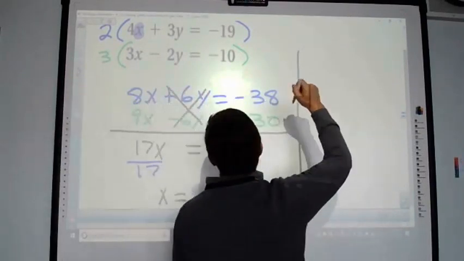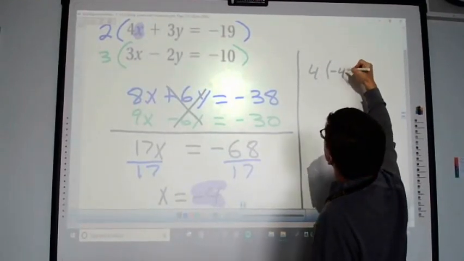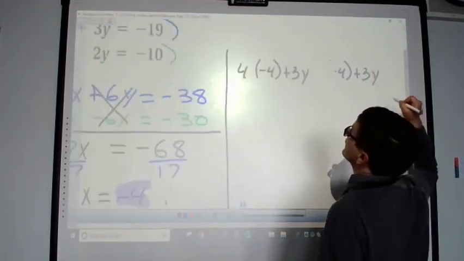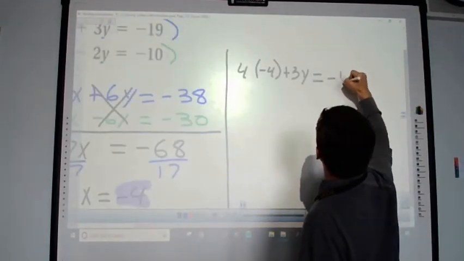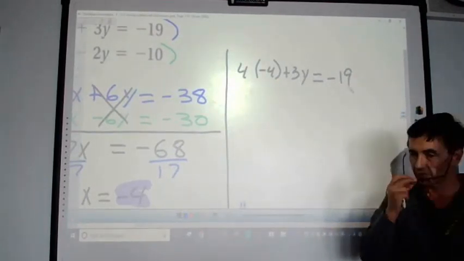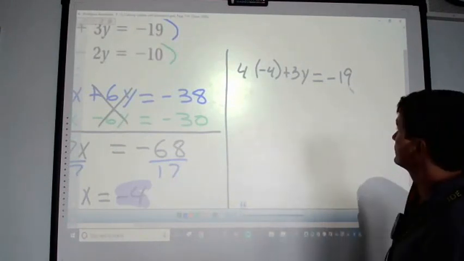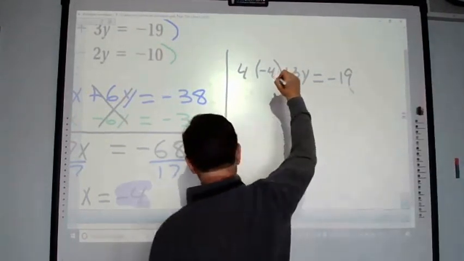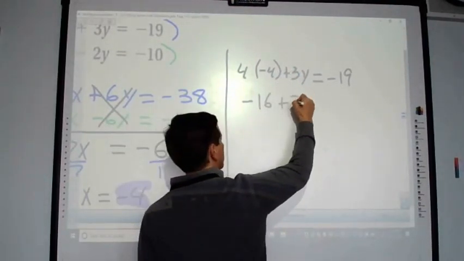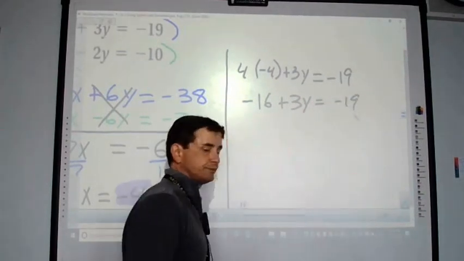It looks like this. So 4 times -4 plus 3y equals -19. I'll give you a sec to write that down. 4 times -4 is -16, so -16 plus 3y equals -19.